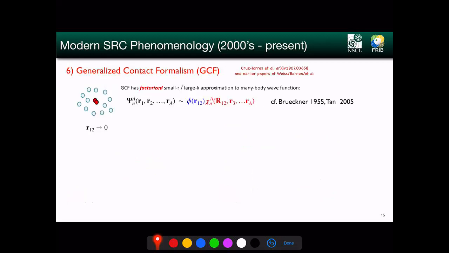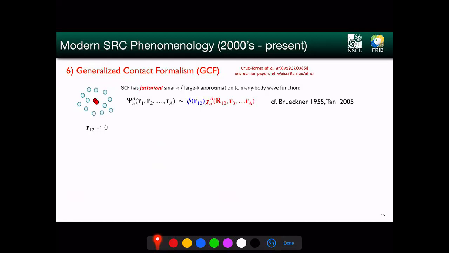And finally, the last bit of modern SRC phenomenology is maybe the key theoretical tool in their toolbox. It's something called the generalized contact formalism. This is a very nice series of works originally by Ronen Weiss and Nir Barnea and collaborators, and I'll show some results here from this more recent paper.